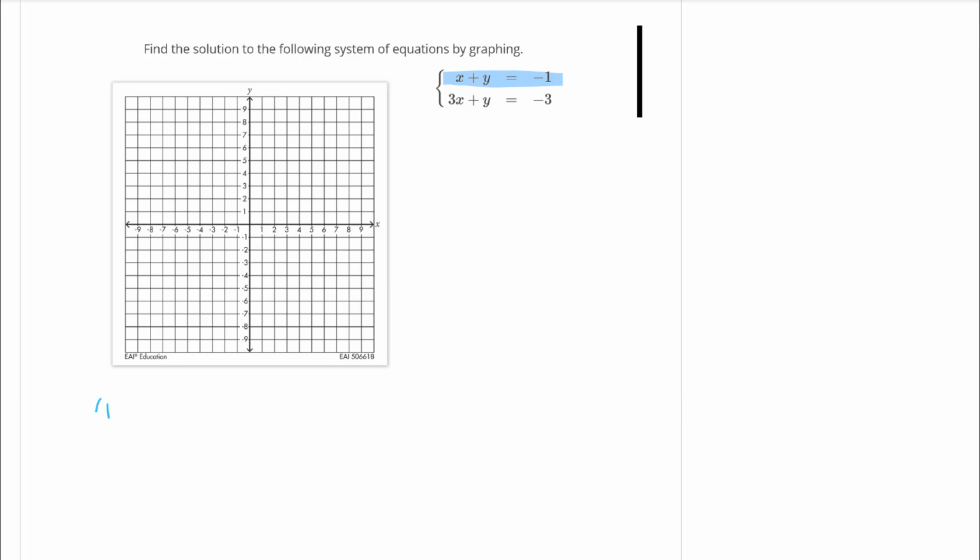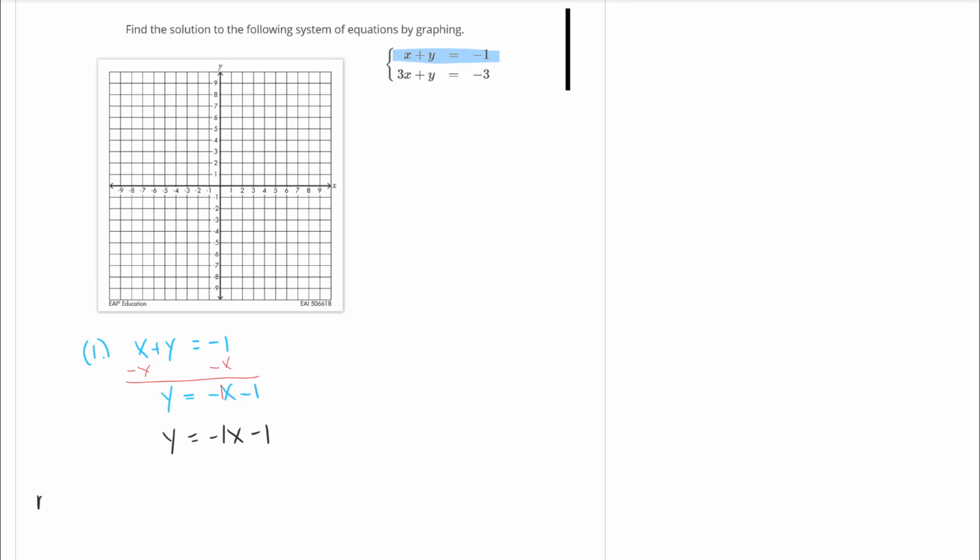So I know that this first equation, I have x plus y is equal to negative 1. Well, to get the y by itself, I'm going to go ahead and subtract x from both sides. So I can get that y is equal to negative x minus 1. And you can think of it as a 1 in front of the x. So really you have y is equal to negative 1x minus 1 for that first equation, okay?